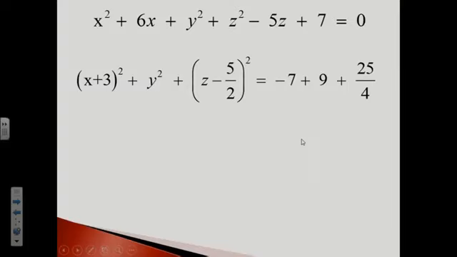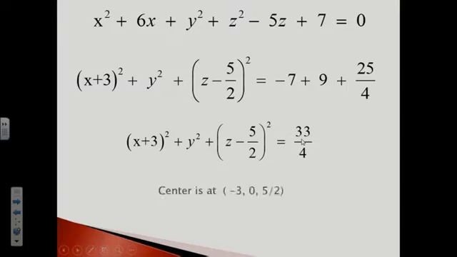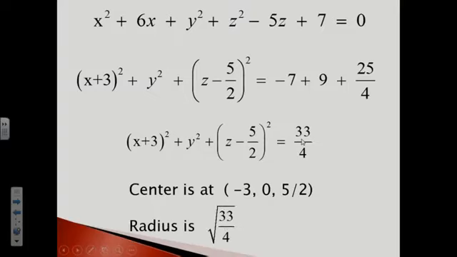The right-hand side of this equation is 33 fourths. Comparing this equation with the standard form, we see that it is the equation of a sphere with center (minus 3, 0, 5 halves) and radius square root of 33 fourths.